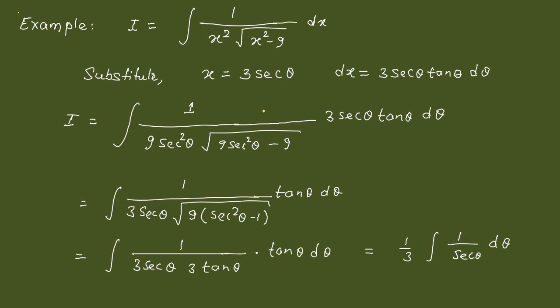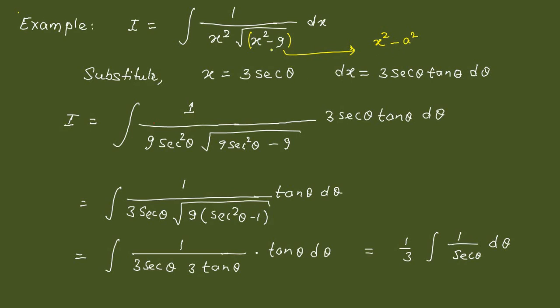Suppose I have the integrand 1 over x square times the square root of x square minus 9. You can see this is in the form x square minus a square, where a is 3.